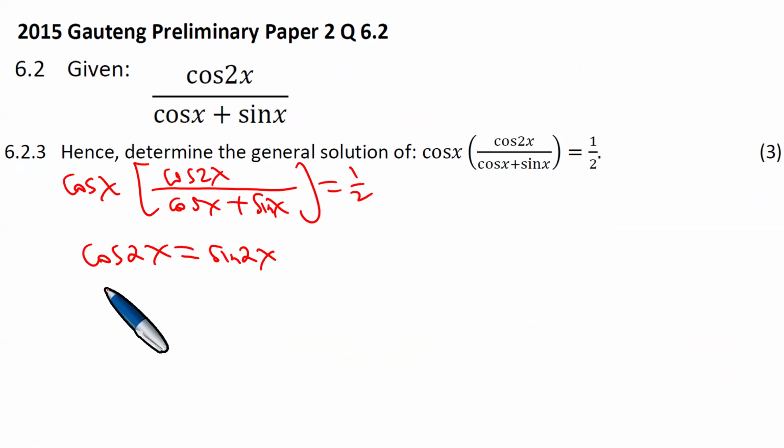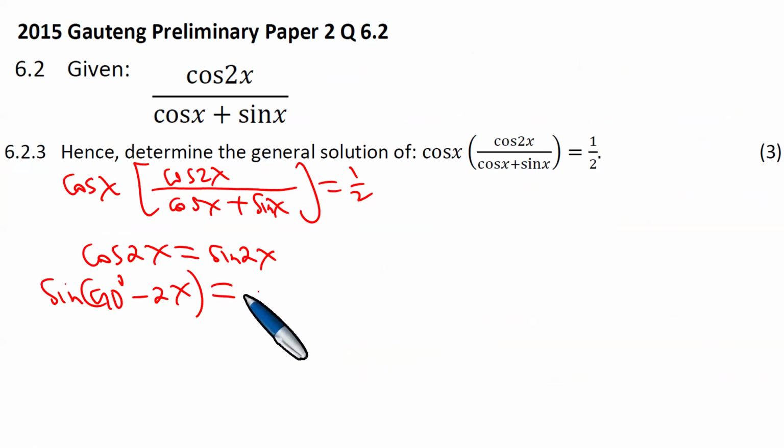Let's look at this cosine and make it sine. We can change the cosine to the sine of 90 degrees minus 2x, which must be the same as sine 2x. We can change cosine into sine because 90 degrees minus 2x is in the first quadrant, where everything is positive. So this quantity is positive.